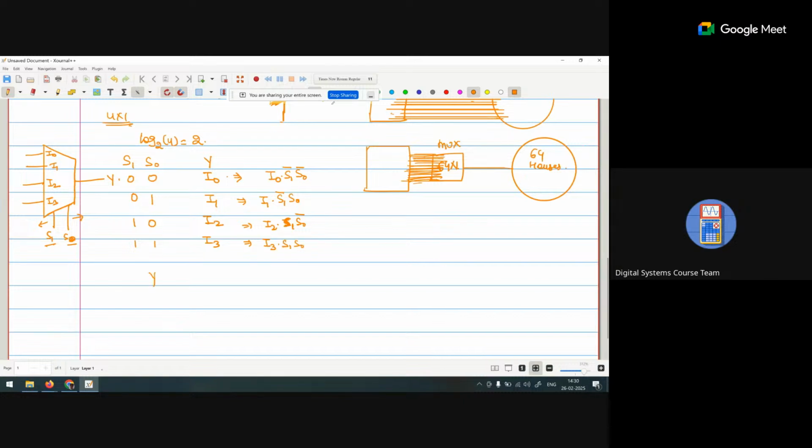So the overall equation of Y is I0 S1 bar S0 bar plus I1 S1 bar S0 plus I2 S1 S0 bar plus I3 S1 S0. This is the complete equation. If you put in any value of S0 and S1, only one input line will be connected to the output.